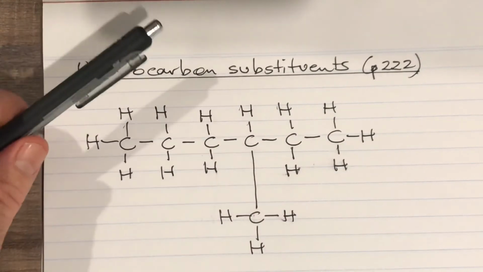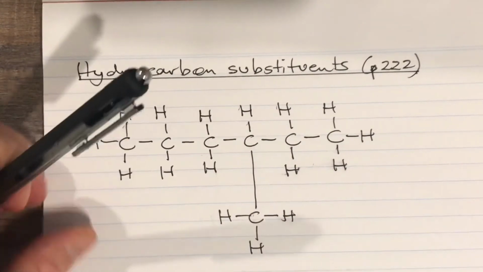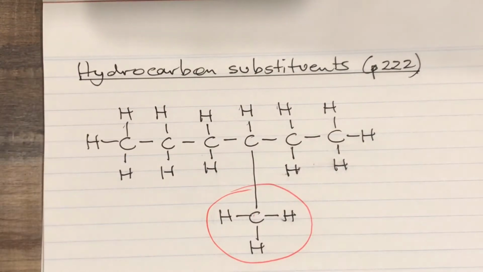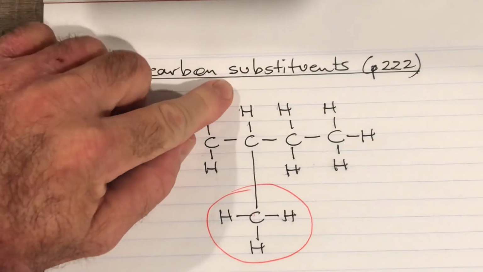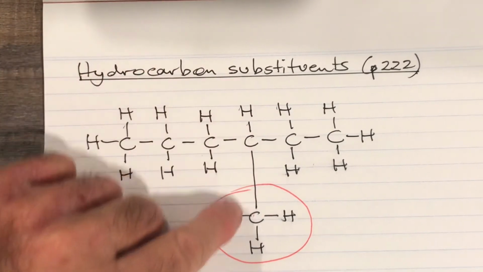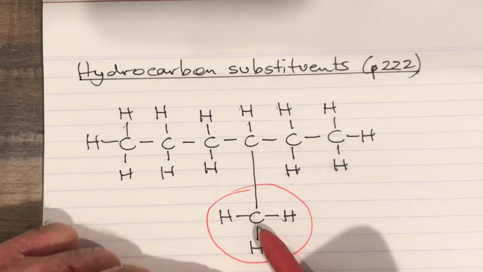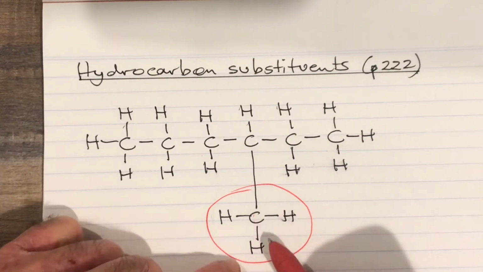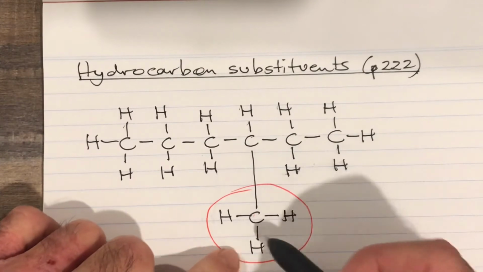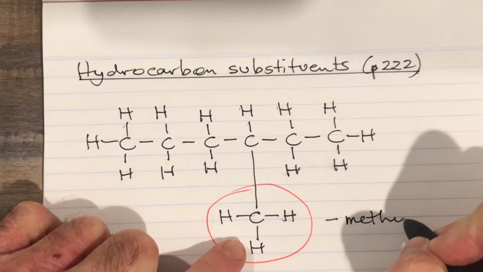So let's look at what this one is. This little side branch, as we often call it, is a substituent. A substituent is a side branch that branches off the main chain. And this substituent is a hydrocarbon itself. A substituent that's a hydrocarbon with one carbon is called a methyl.